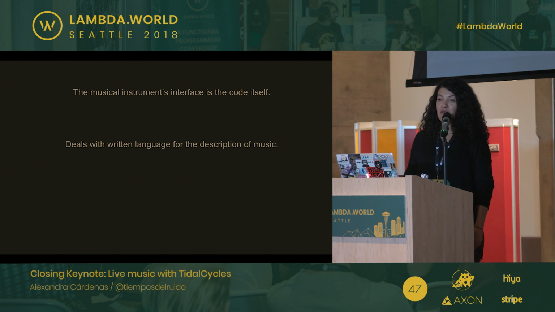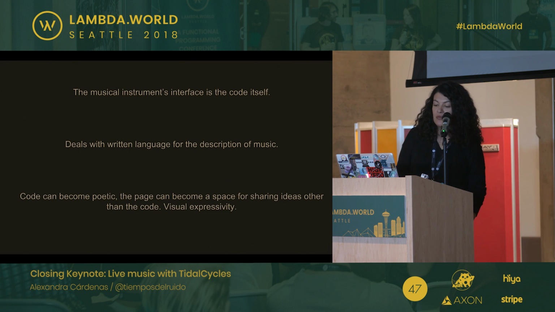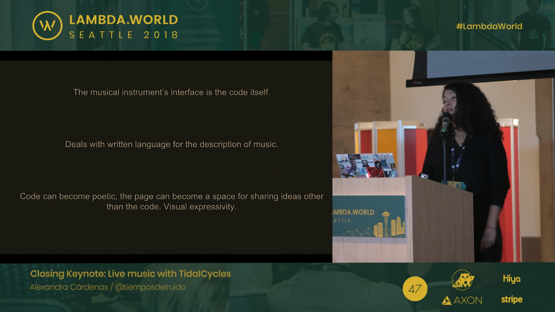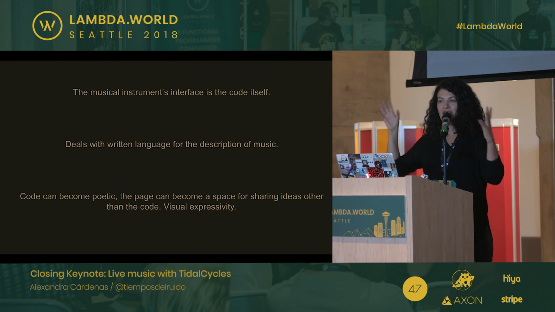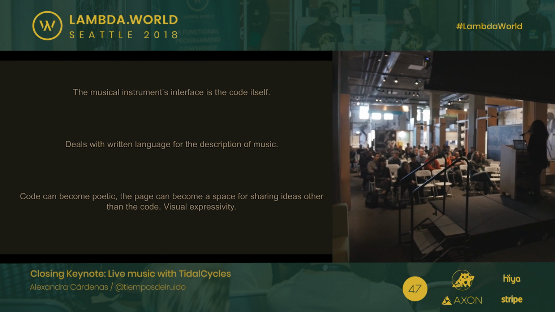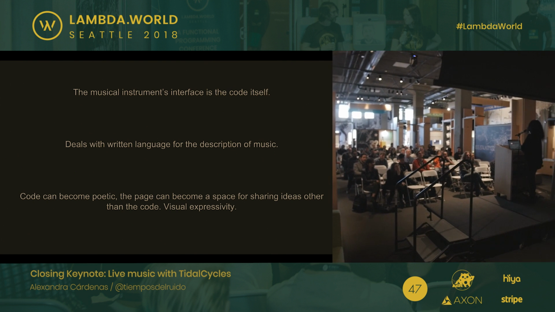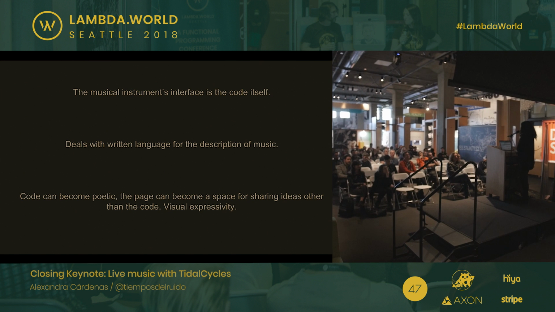So we are describing our music with written language. This also brings about that the code is very beautiful to look at. Actually, that's why I started to get into code, because I love words and the way they look together, with all the colors. I was always fascinated. So it really has an aesthetic value, and for artists, that's amazing.